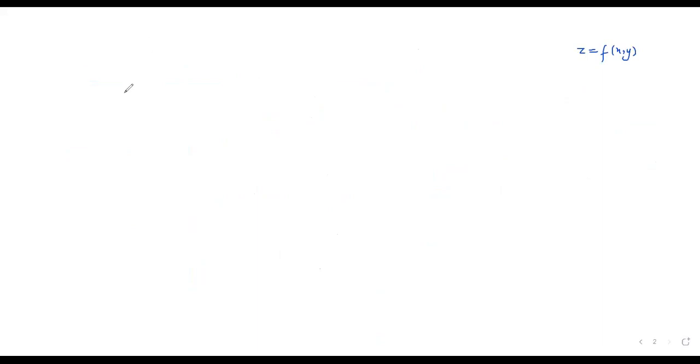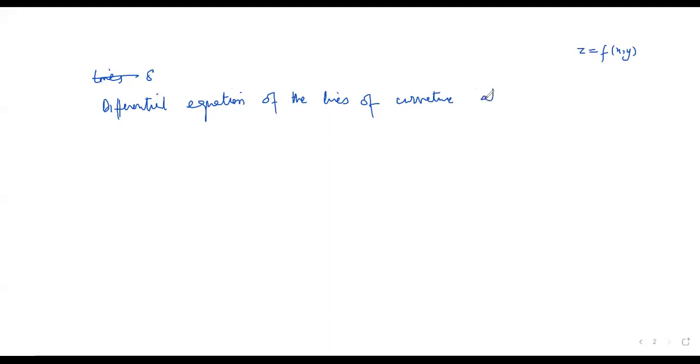So, okay, now we want to show the differential equation of the lines of curvature at a point on the surface, and the surface is in the form z equal to f of x y, जिसको हमें पता है, हम कहते हैं Monge's form.